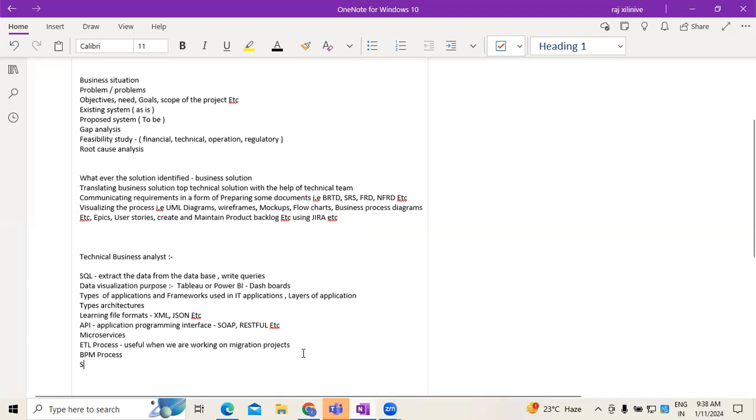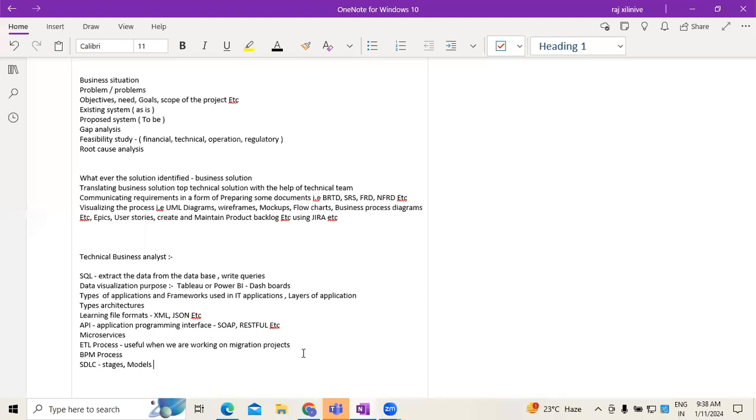Next, the SDLC process. You need to have knowledge of the SDLC process, followed by the SDLC models like waterfall model, V model, and agile. In agile, some people may ask for Kanban, some for Scrum. The Scrum process is different from the Kanban process, but the majority of people use Scrum and some use Kanban.